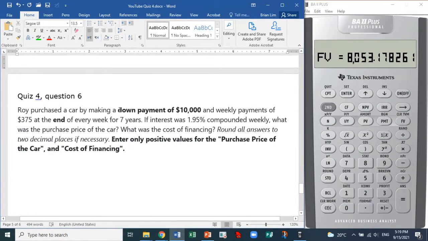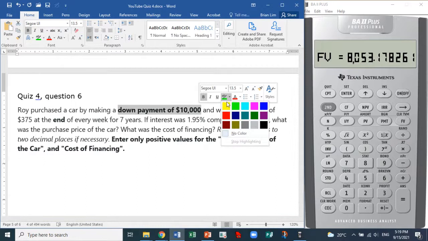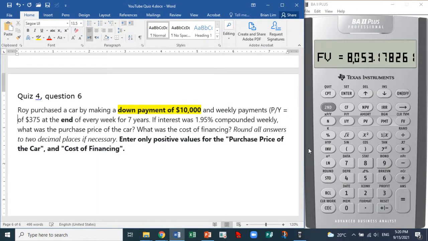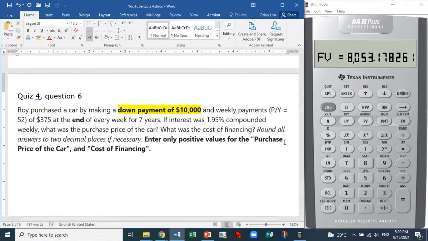All right, so this is a down payment. We have to be careful now how this works. And weekly payments of $375 at the end of every week for 7 years. All right, so weekly payments, that would mean that PY is equal to what? 52 weeks in 1 year, correct?